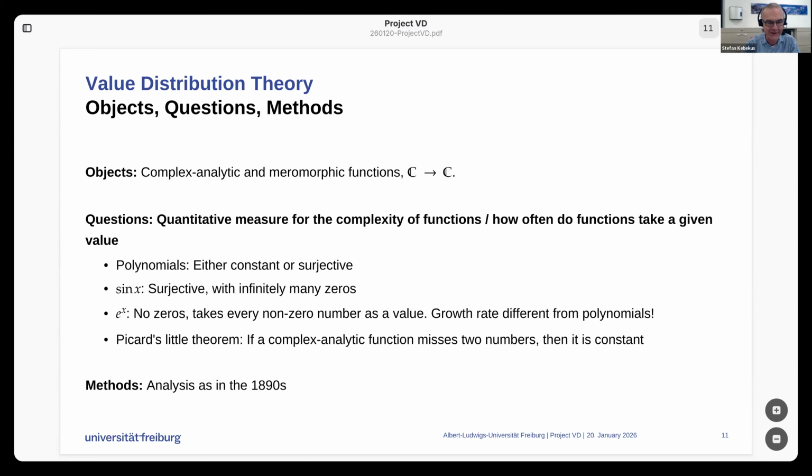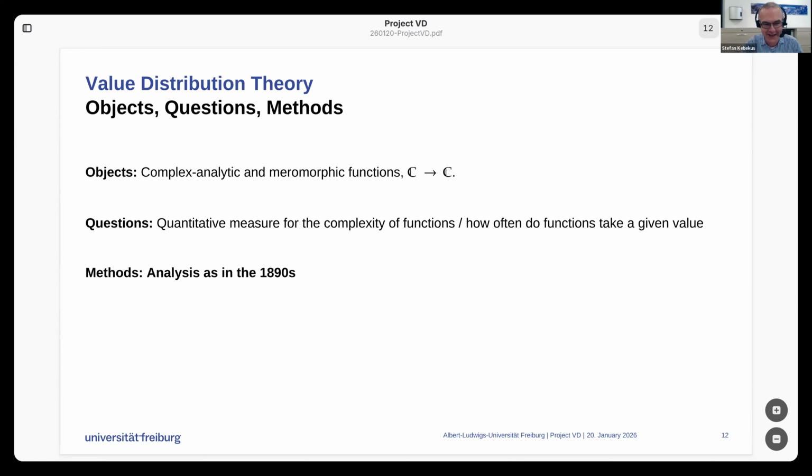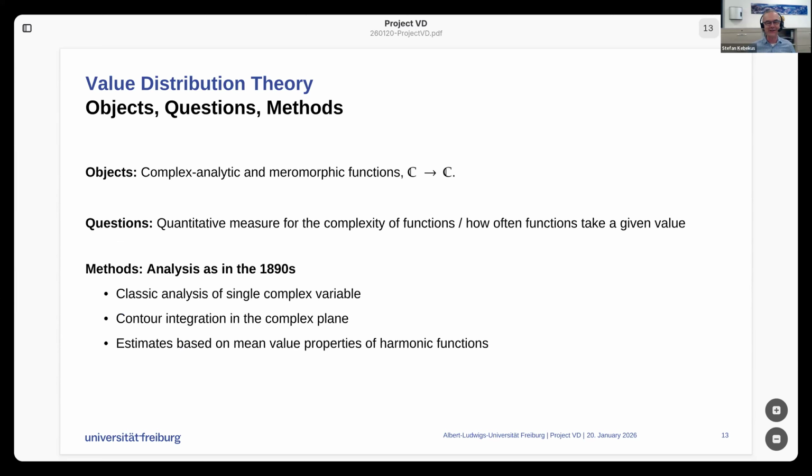But first, methods. Methods are analysis in the style of the 1890s. So it's all classic analysis in a single complex variable. It can be done if you teach it in class, essentially as a follow-up course to the classic single complex variable 101 that we teach in the bachelor or very early in the master's program.